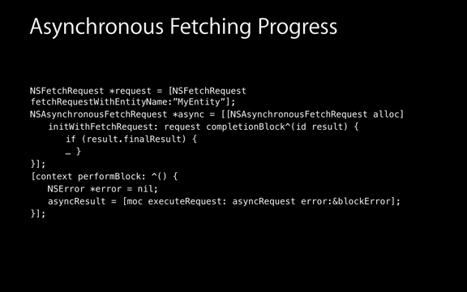That's just a little bit too long to put on a slide. The completion block checks to see if the result has a final result, and if so, it does whatever processing you want done as a result of that fetch finishing. Otherwise, you'll need to handle the error. Once you've set up the asynchronous fetch request, you just tell the context to performBlock, executeRequest, asynchronous fetch request, and away things go.